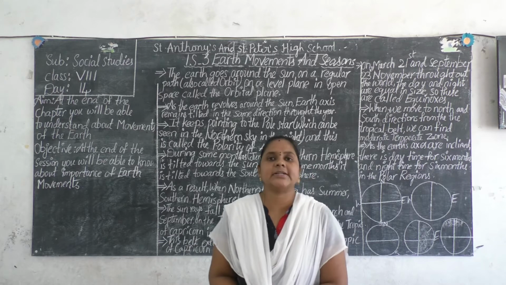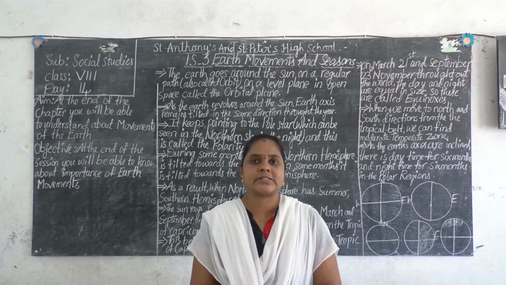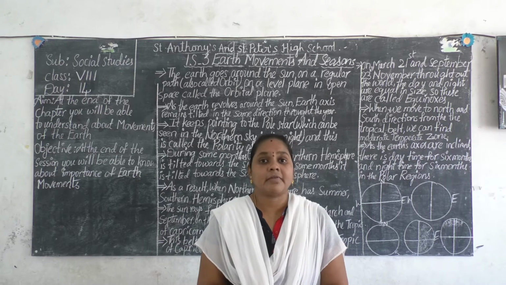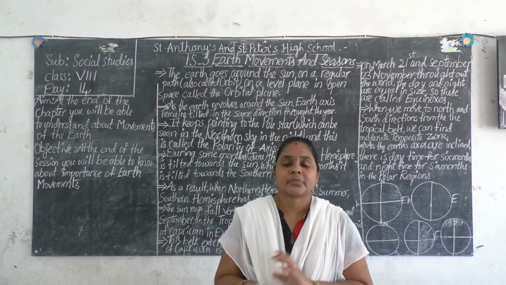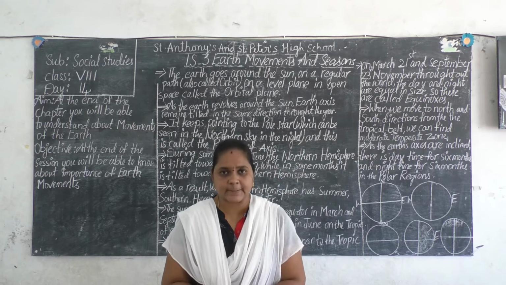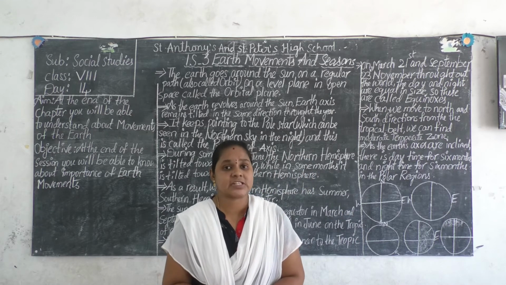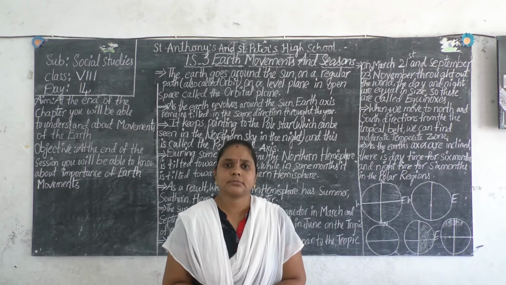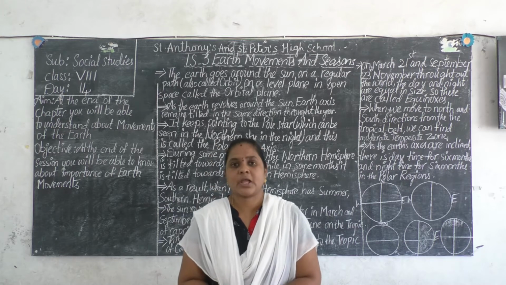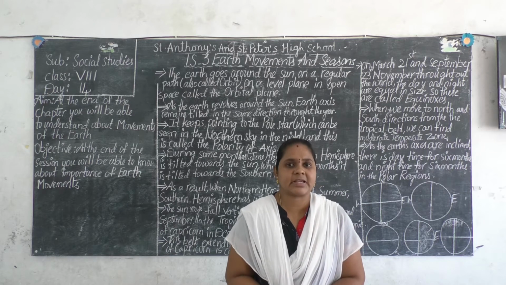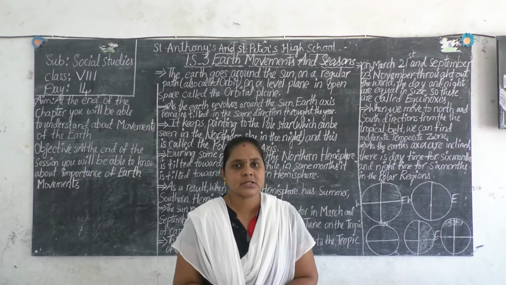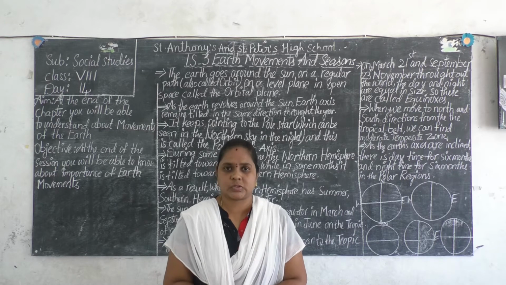I asked you to learn some of the important lines which are very important for locating particular places and timing. Those lines are called imaginary lines, parallels and meridians. Parallels and meridians are nothing but latitudes and longitudes.